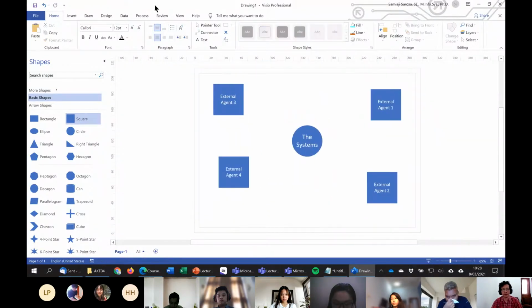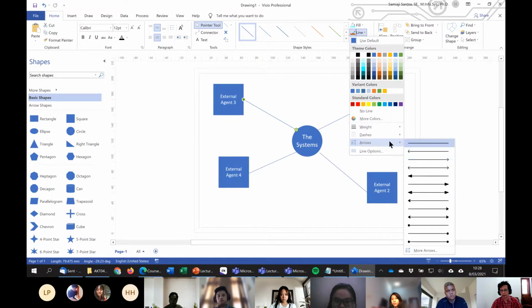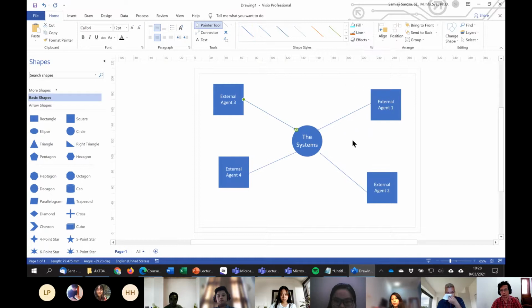What you need to do next is draw a connector, or arrow, between the system and the external agent, with the appropriate arrow. This is just an example.